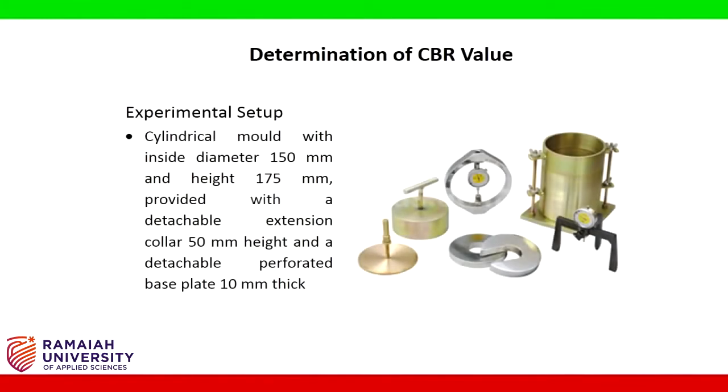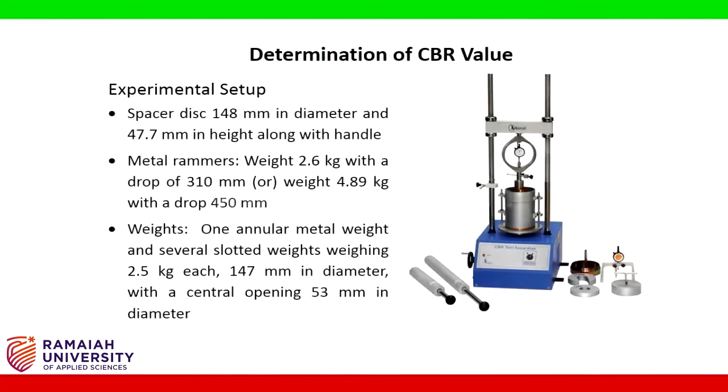Experimental setup: cylindrical mold with inside diameter 150 mm and height 175 mm provided with a detachable extension collar 50 mm height and a detachable perforated base plate 10 mm thick. Spacer disc 148 mm in diameter and 47.7 mm in height along with handle.